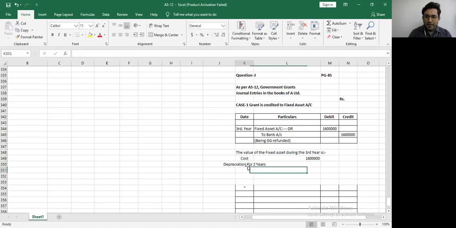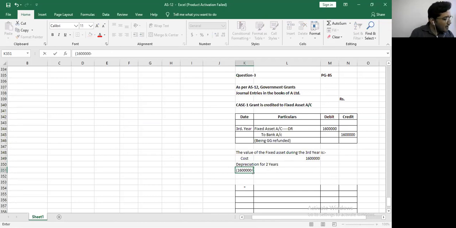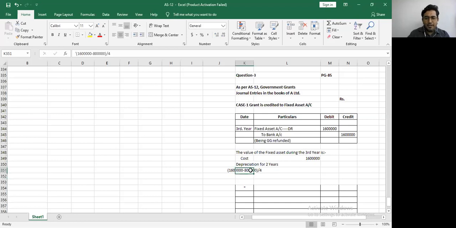Okay, how do you calculate your depreciation for 2 years? Check that also. Your depreciation for 2 years will be, let's put it over here, 16 lakhs minus, what's your residual value in the question? 8 lakhs. So this divided by, what's your useful life? 4. Can you calculate and tell me what's your depreciation per annum?